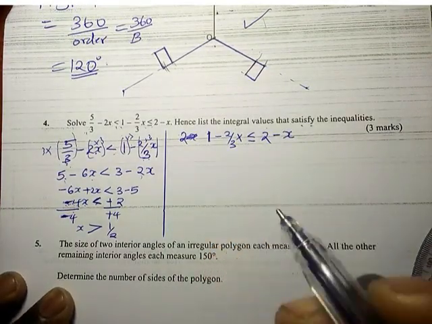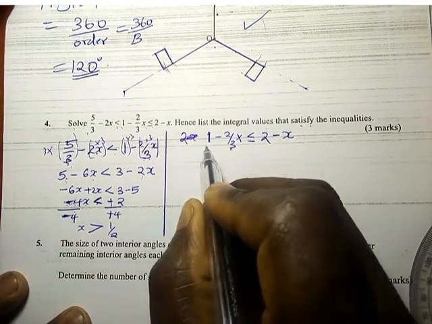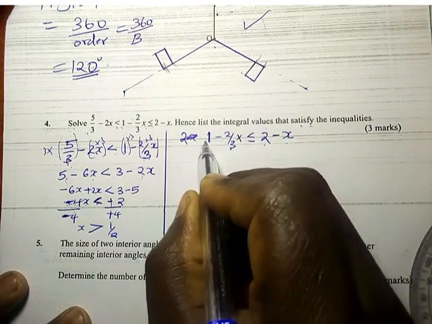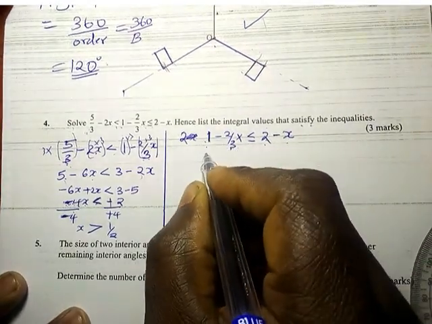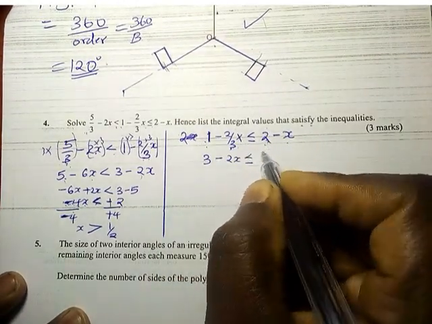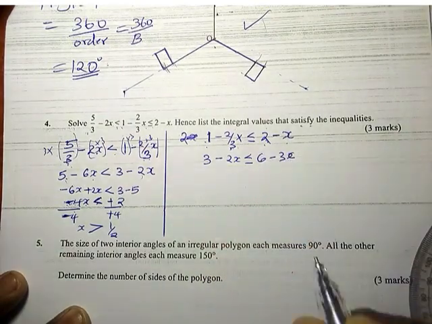So again, let us remove this fraction here. We multiply, LCM hapa ni 3. Hapa ni over 1 over 1 over 1, LCM 3. So times 3, this term times 3 times 3 times 3. Hiyo tutapea hapa itakuwa 3 minus 2x is less or equal, hapa itakuwa 6, hapa itakuwa 3x. Sawa?